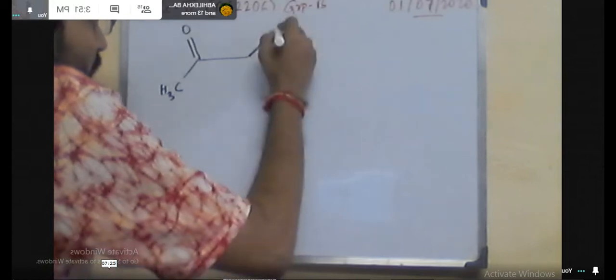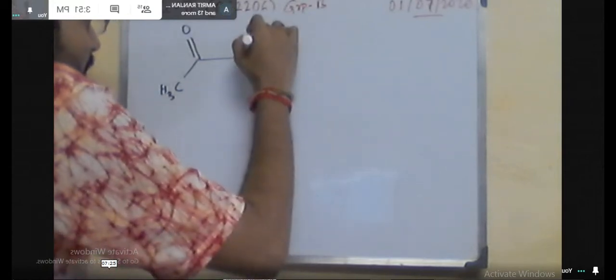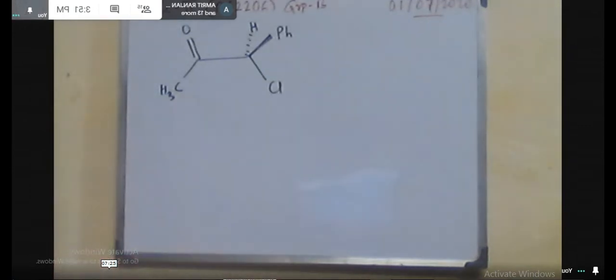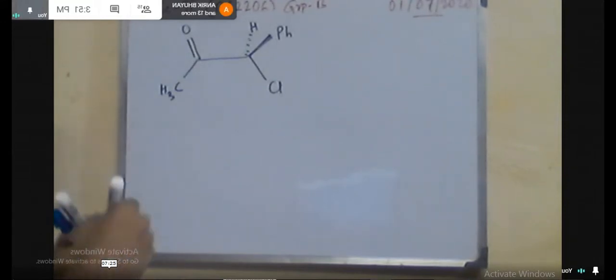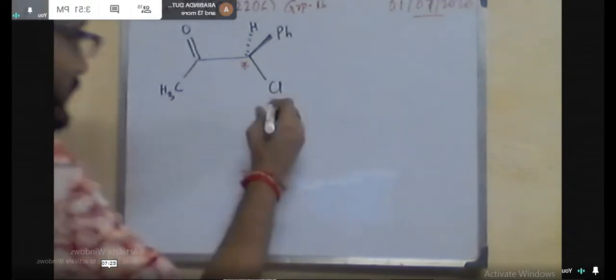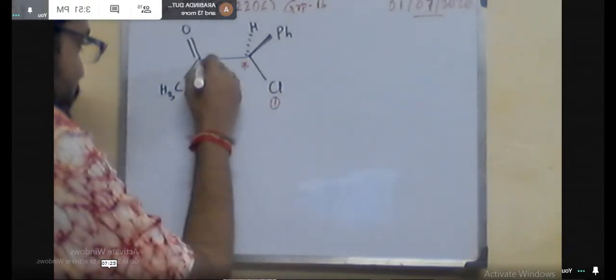Okay, so you have to keep this configuration fixed. Now according to the Cram's model, if I assign the size of the group, we know phenyl is the largest group among these 3. So this is the larger one, this is the medium, and this is the smaller one.